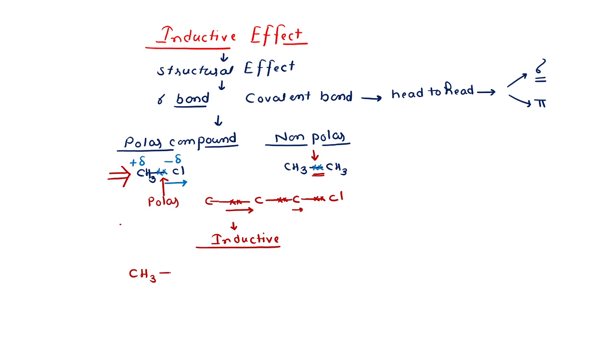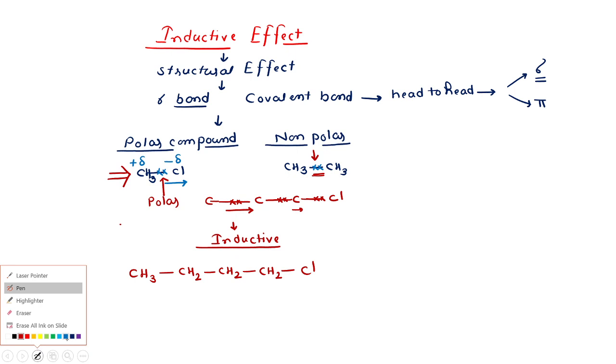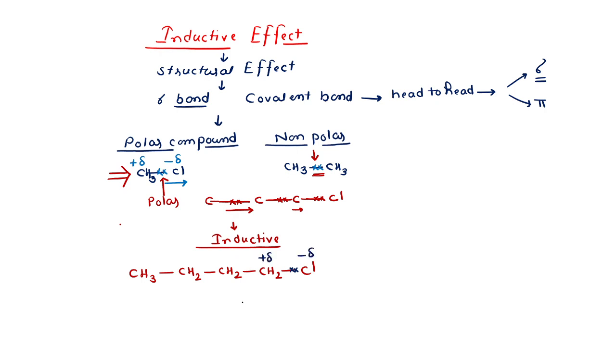First of all, I will give you an explanation and then we'll discuss the definition. I'll write down one compound for you, CH3CH2CH2CH2Cl. Now please listen, as Cl is electronegative, what is going to happen? The lone pair which is present over here is shifted towards chlorine. So out of these two atoms, this will get a negative delta, this will get a positive delta.